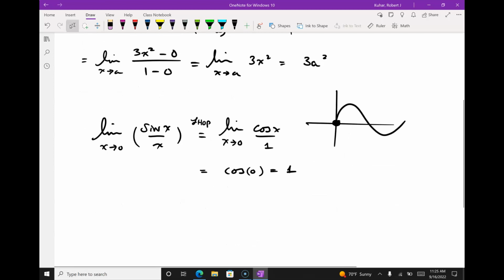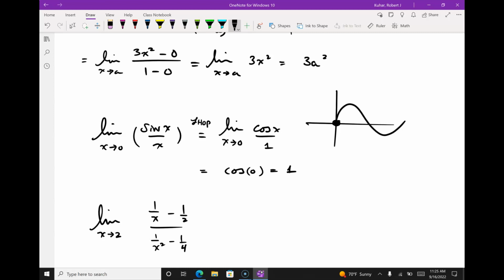Let's do another one. The limit as x goes to 2 of 1 over x minus 1/2, over 1 over x squared minus 1/4. Remember what we'd have to do on this one if it was algebraic.